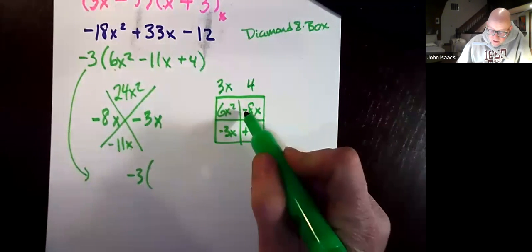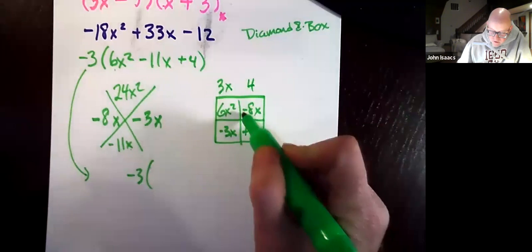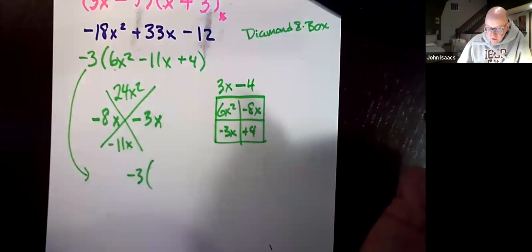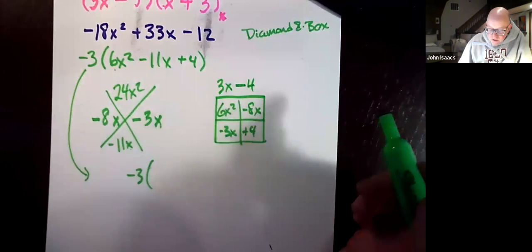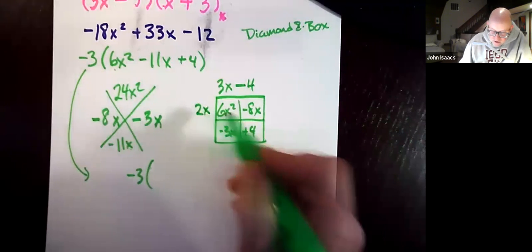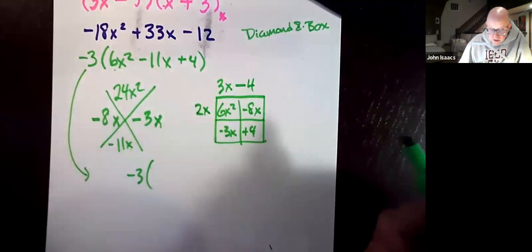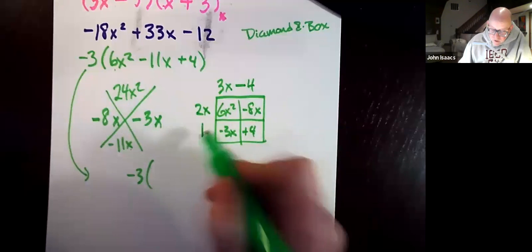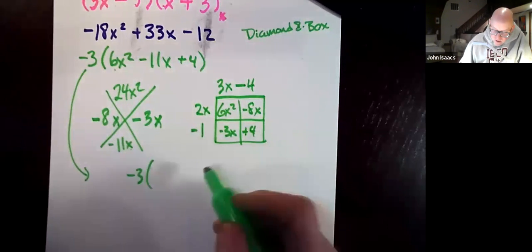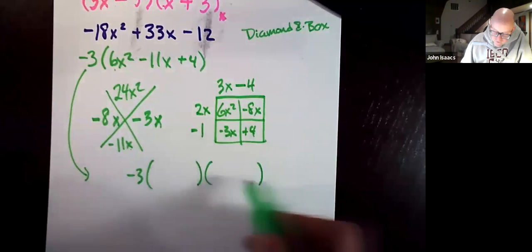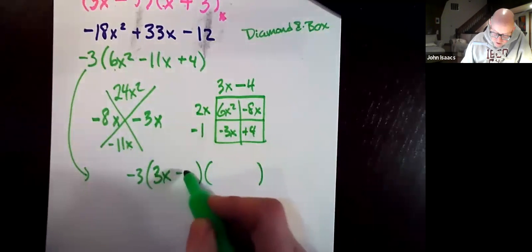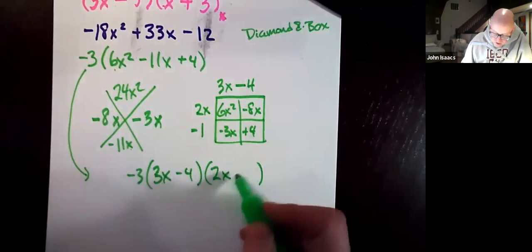I'm always going to take the sign in this corner for this spot. So minus 4. Biggest thing that divides into both of these evenly is 2x. Biggest thing into both of these is, looks like 1. But I'm going to take this sign, so negative. So my factored form is 3x minus 4 times 2x minus 1.